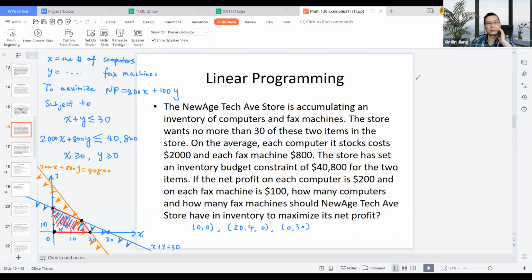All right, so let's solve the equations. These 2 lines, we have x plus y equals 30. And then for another one, you can use the original one, or you can simplify it to make it simpler. The numbers are not that big, so we divide both sides by 4.